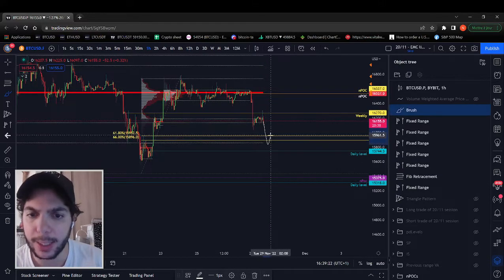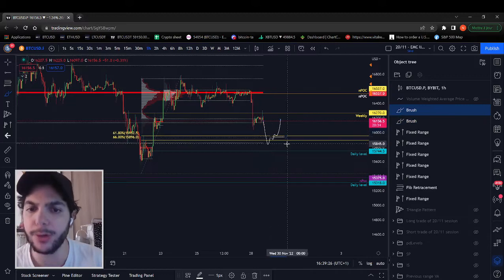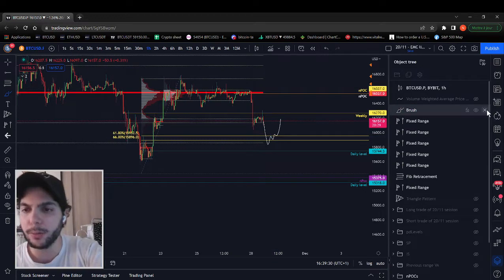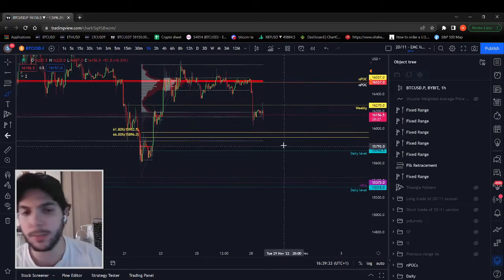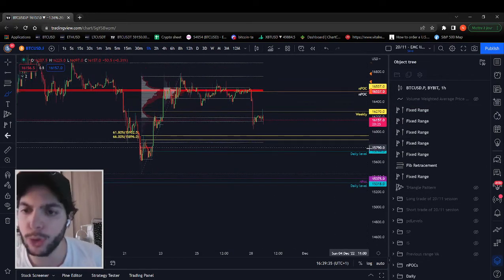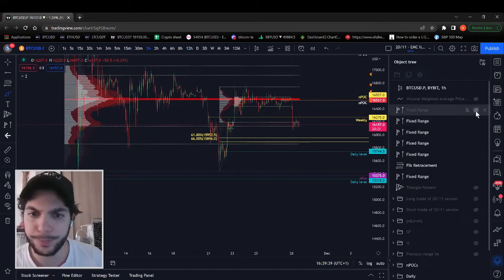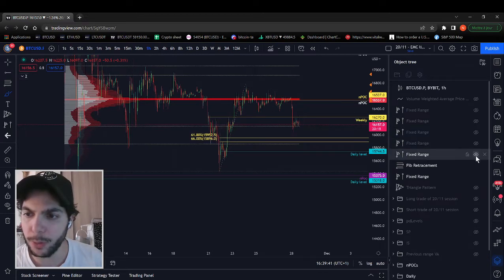You want to see something like this, maybe like this, and maybe you could enter here, you see. But after seeing some kind of a confirmation that you have a reaction, don't blindly just enter in long because there's a line on your chart. You're not trading what you want, you're trading what the market is telling you. So that's for the support area.